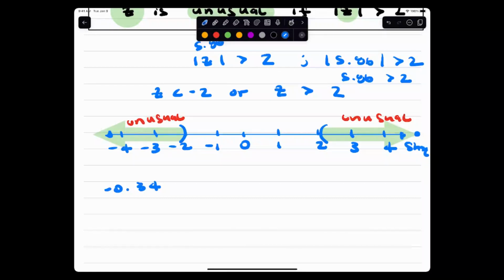Negative numbers are to the left of zero. Zero is where the mean is. But you might say, and where is he on this graph? Oh, we can put him. Easy. He's like over here. Right? Isn't negative 0.34 to the left of zero where the mean is? Okay? It's below the mean. But is it past 1? No.